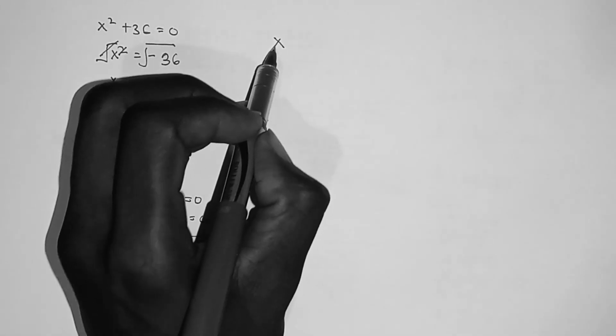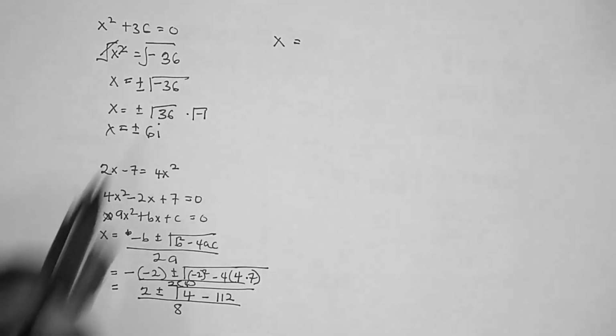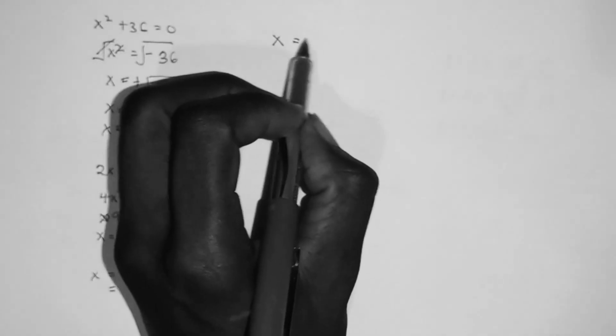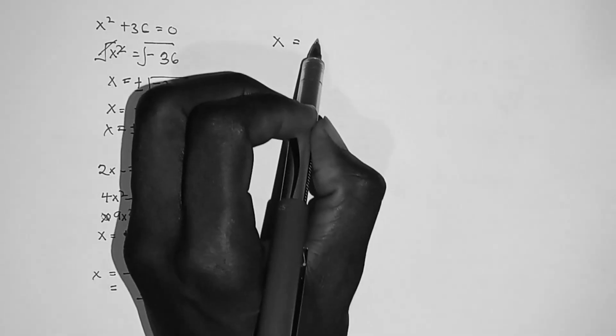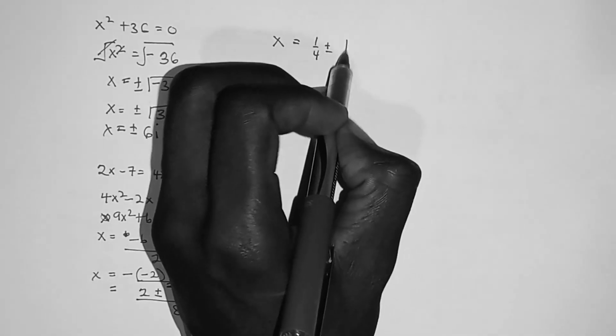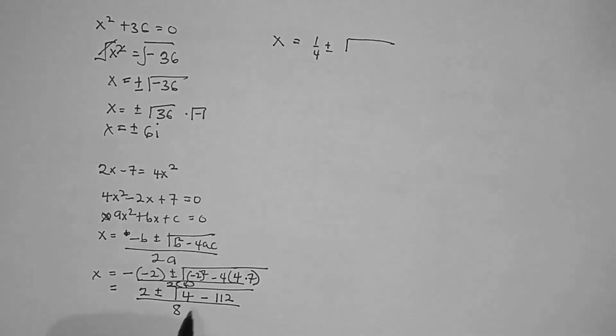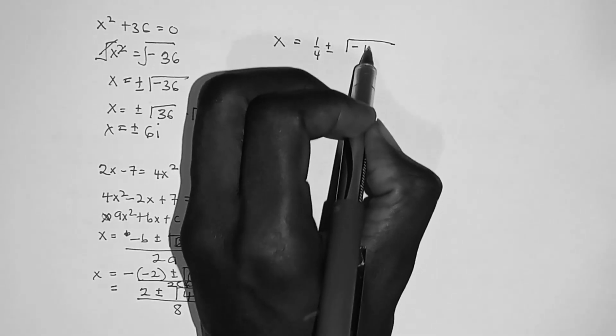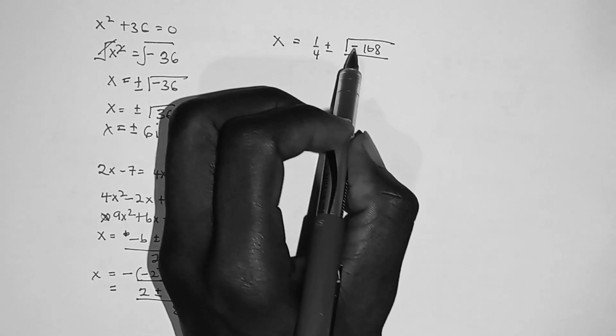So x is equal to 2 divided by 8 is 1 over 4, plus or minus square root of 4 minus 112, which is minus 108, divided by 8.